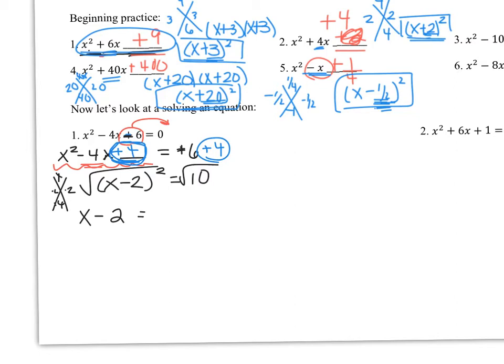Now, ladies and gentlemen, your teachers have been telling you that whenever you square root a number, it's always positive. That's not always the case. Whenever you square root a number, it's really positive or negative, which is why I have to put plus or minus in the front. The reason why is, let's just say I have x squared equals 25.